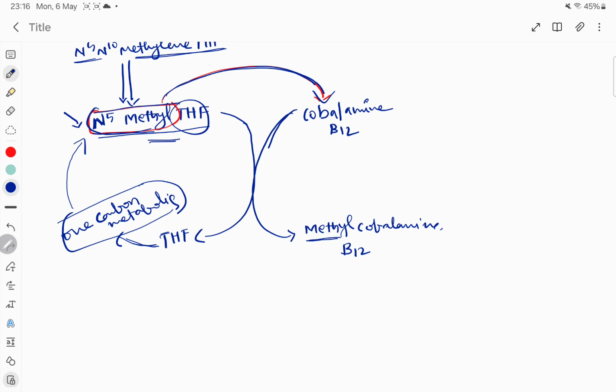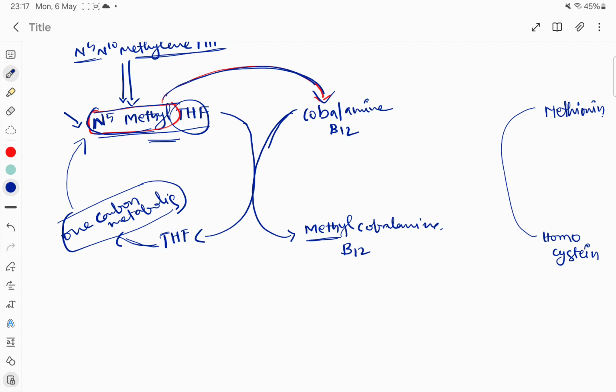Now see, in our body we have essential and non-essential amino acids. The one which we take in the diet is essential. Homocysteine is an essential amino acid. If you eat homocysteine, it will be converted to methionine, which is non-essential, which means you need not take it in the diet.